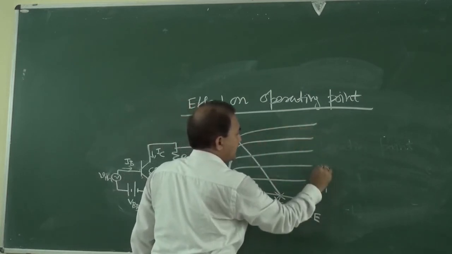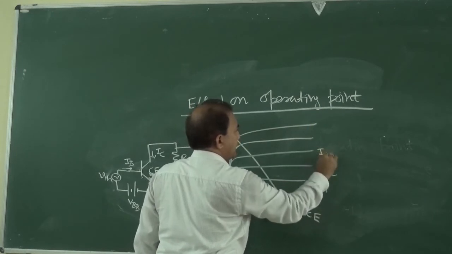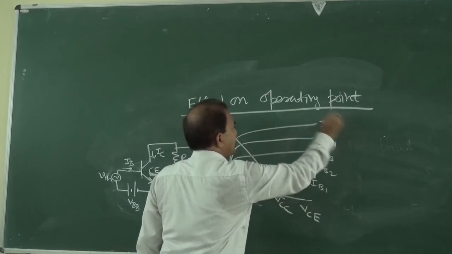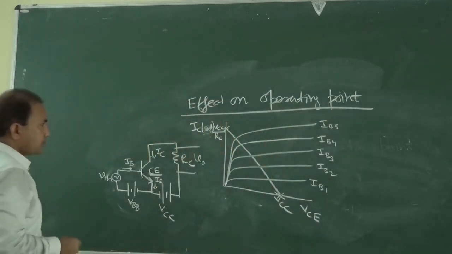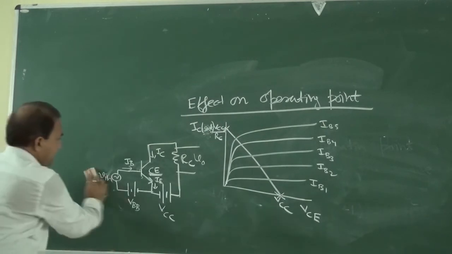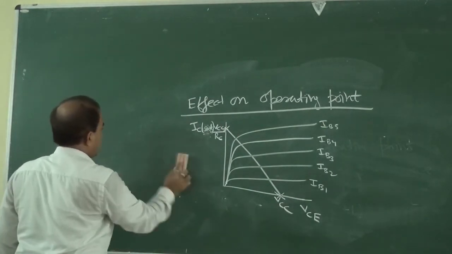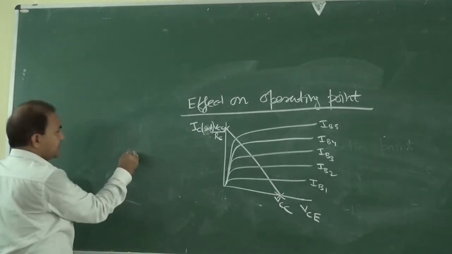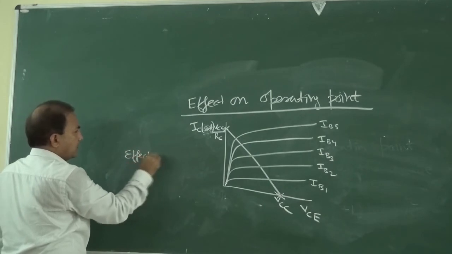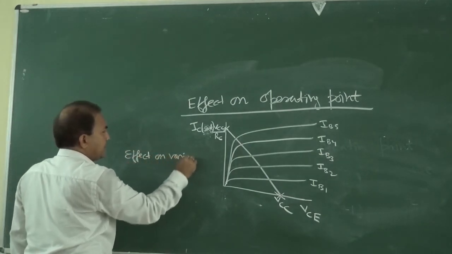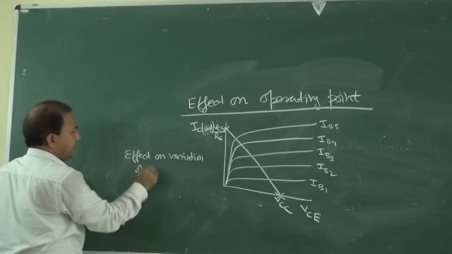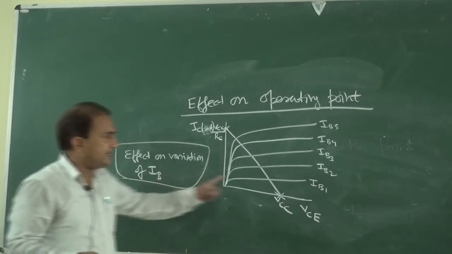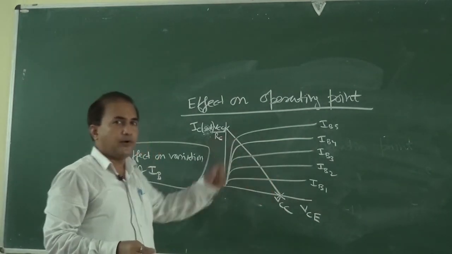Suppose this is IB1, IB2, IB3, IB4, and this is IB5. Now we will see the effect of variation of IB. What will be the effect of variation of IB on the Q point?